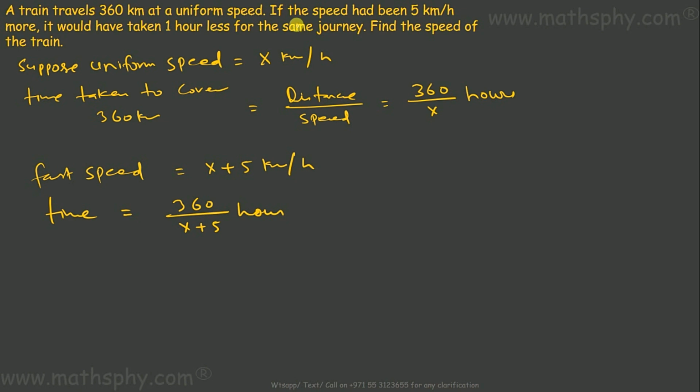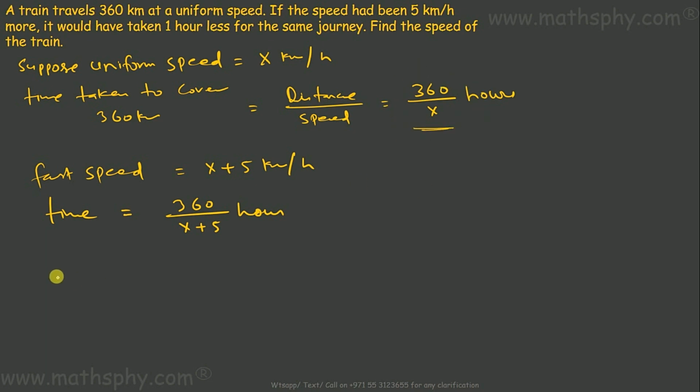It says, if the speed had been 5 kilometers more, it would have taken 1 hour less for the same journey. Here, at this speed, it takes 360 over x. At this speed, it takes 360 over x plus 5 hours. But it says, at this speed, it will take 1 hour less than this time.